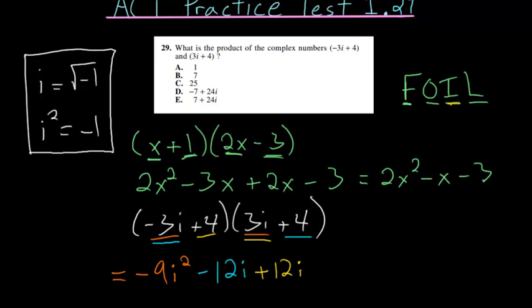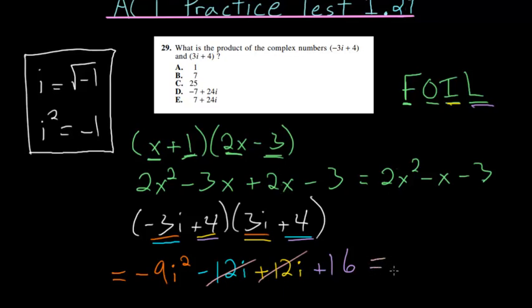And then now we just want to do our last terms. So we have plus 4 and plus 4 multiplied together to give us plus 16. And from here we can just simplify. So notice we have minus 12i plus 12i, so these cancel out.